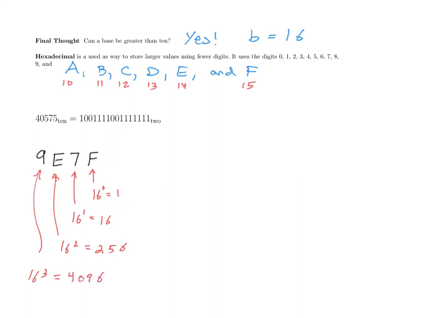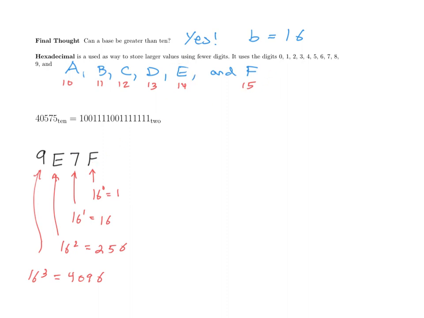How do we go about expressing this hexadecimal or base 16 number as something in base 10, just so we're a little bit more familiar with it? You expand it out the same exact way that we did with every single other number. The only difference is if you have a letter instead of a digit, you just go to this list and say, oh, well, E represents 14 and F represents 15.